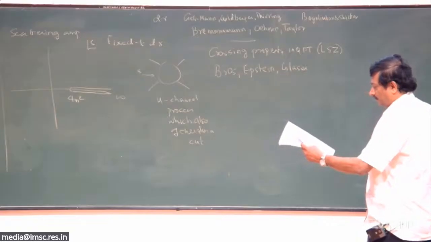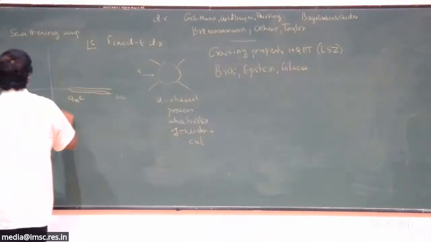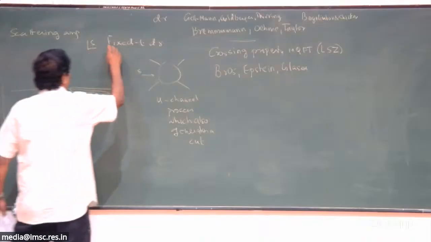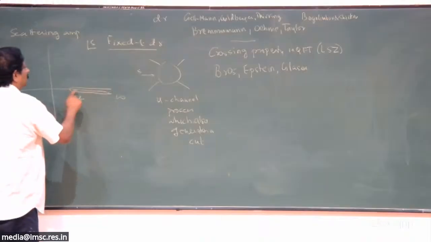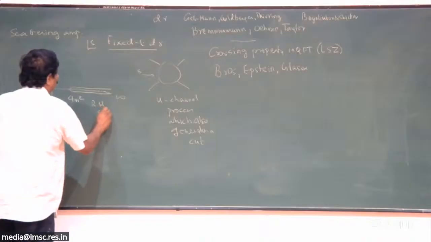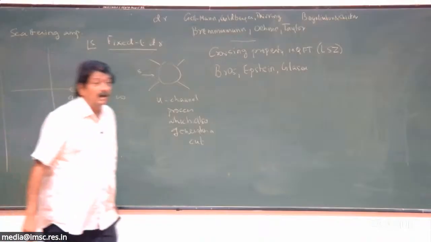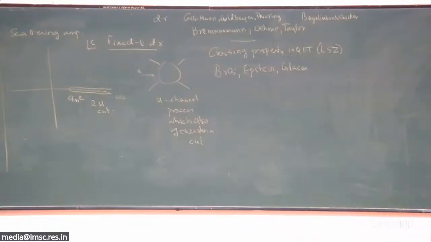Okay, so then it turns out, so there is a cut in this plane, the complex S plane at fixed t, that starts over here, and this is called the right-hand cut. That is coming from the absorptive part of the S channel, or the imaginary part of the S channel scattering itself. But we just argued that because of this crossing property, there's also an imaginary part that is generated from the U channel.